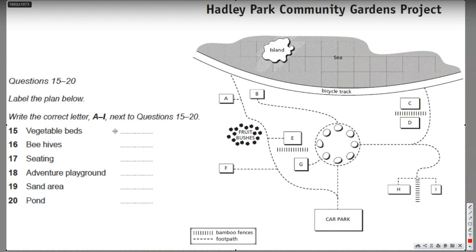Well, on the left-hand side of that circular footpath, there's a short track which takes you directly to the vegetable beds. You can see a bamboo fence marked just above them. All right? Okay. If you're helping out with the beehives, pay attention.